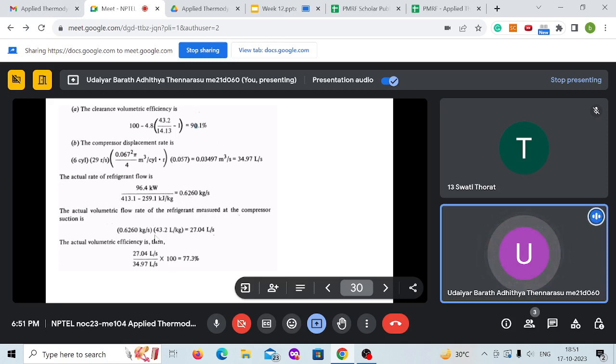The suction specific volume is 43.2. So mass into specific volume gives the volume, that is 27.04. Now we know the volume of fluid which is entering, and the swept volume is also known. So the actual volumetric efficiency is 27.04 divided by the swept volume, 34.97, into 100, which comes out to be 77.3%.